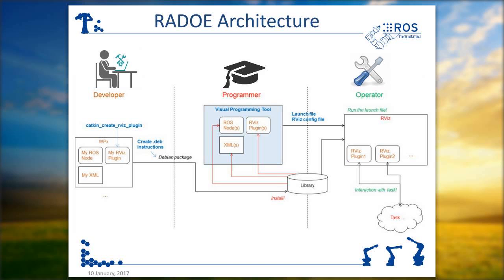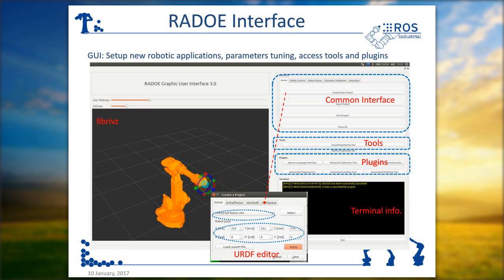So we have a user interface, the GUI. It's mainly for setting up new robotic applications and doing some parameter tuning. You can access tools and different plugins.